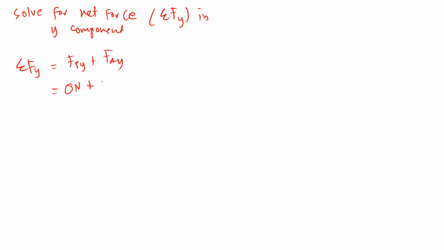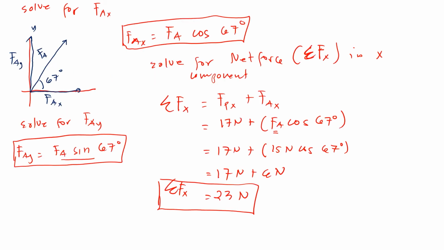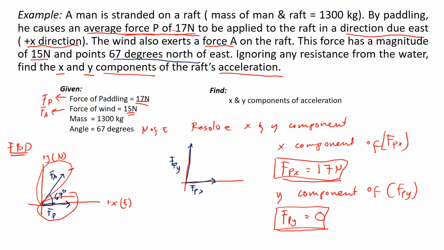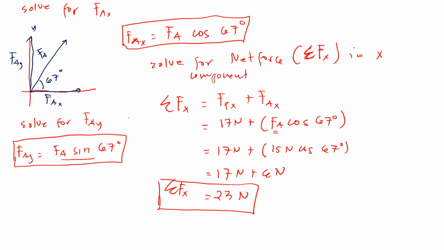So this is equals to f sub a sine of 67 degrees. So this is equals to 0 newtons plus substitute the value of the f sub a, which is equivalent to 15 newtons here.